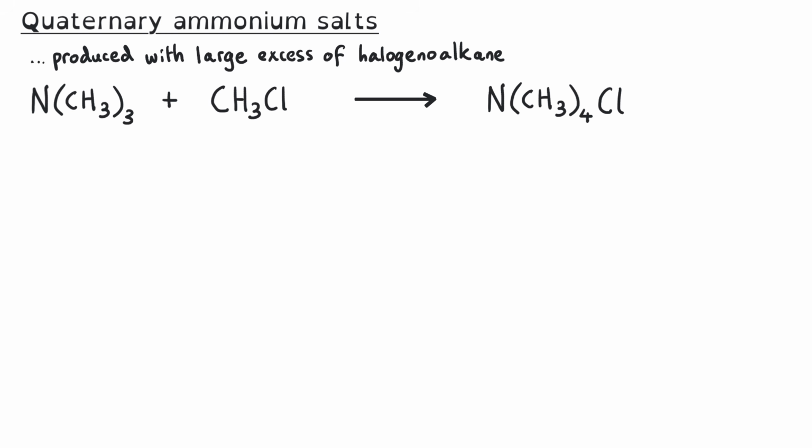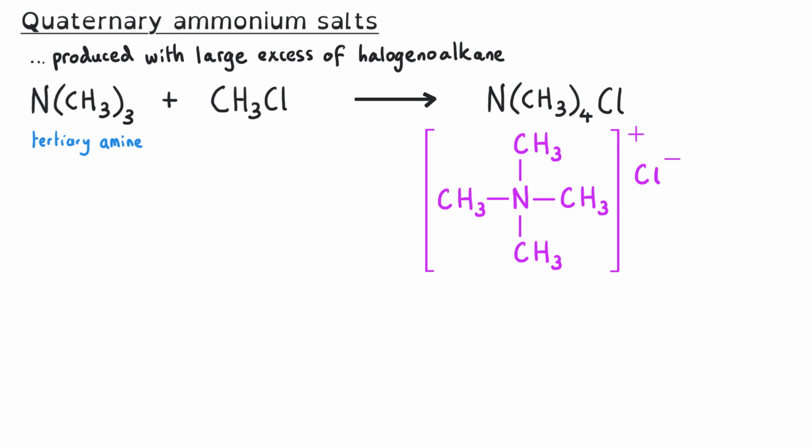Quaternary ammonium salts can form in nucleophilic substitution reactions where there is a large excess of the halogenoalkane. The equation for the final step would have the tertiary amine reacting with the halogenoalkane to produce the quaternary ammonium salt and no other product.